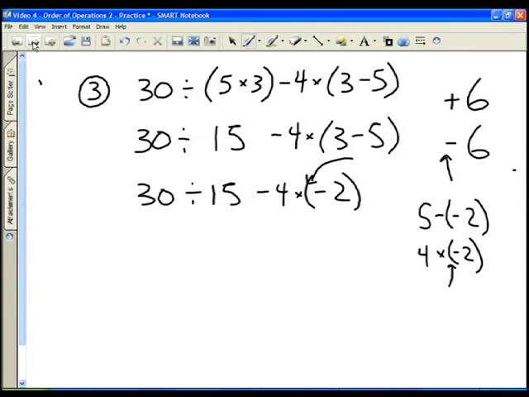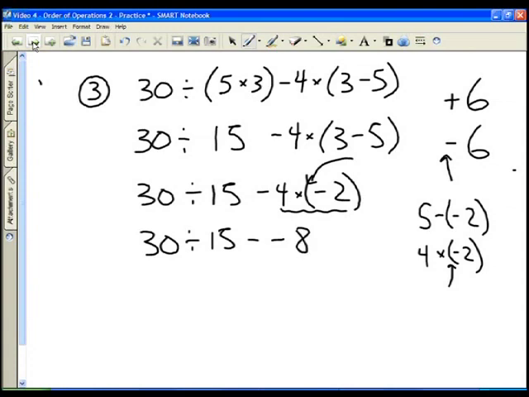And so now I should look after those brackets next. So I have 30 divided by 15 minus, and now 4 times negative 2 is negative 8.